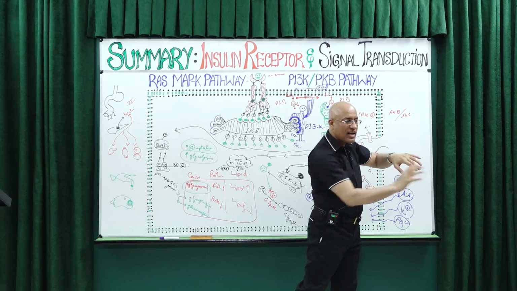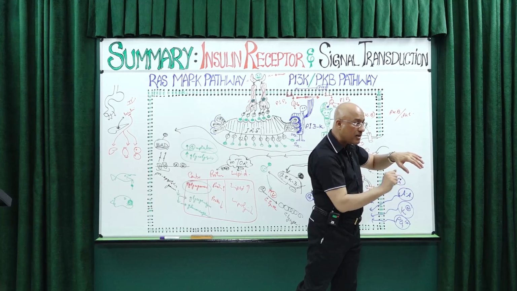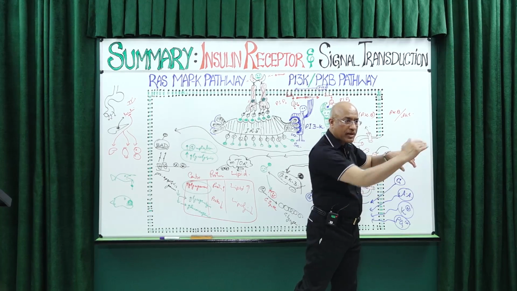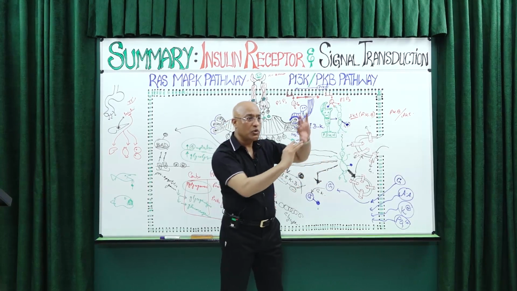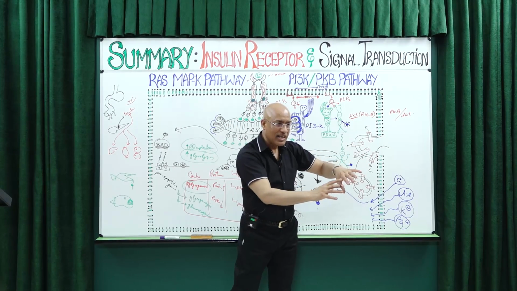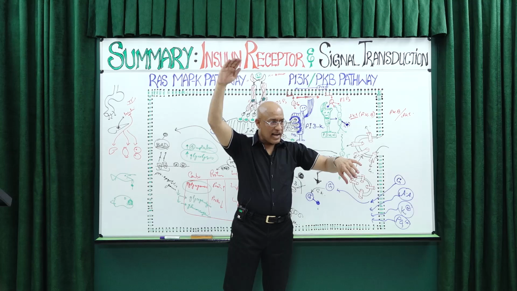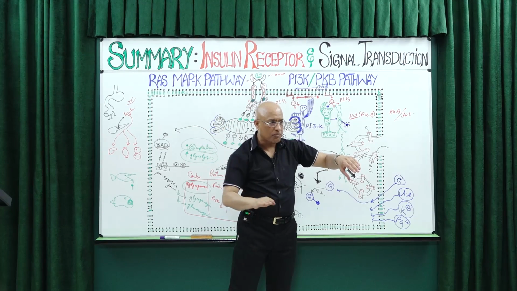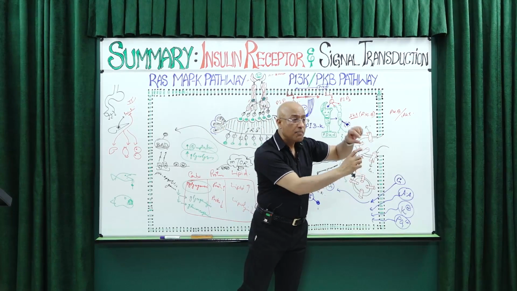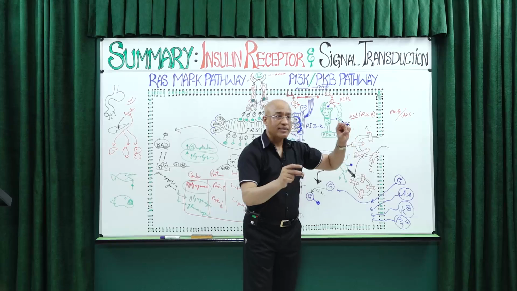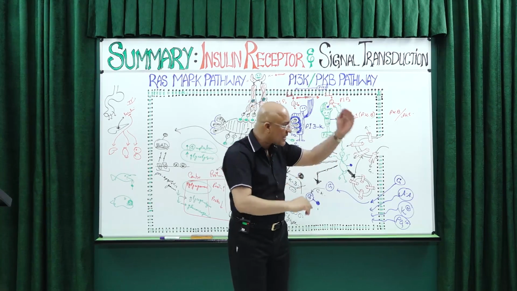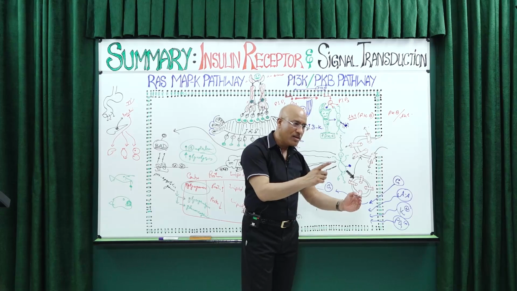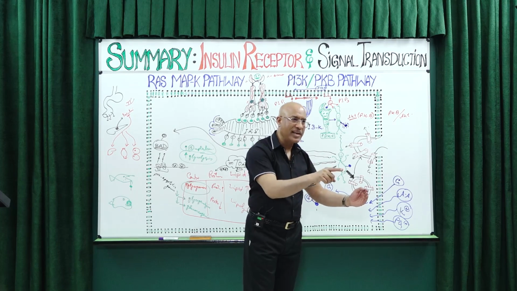In the same way, I will also alter the permeability of the membrane for amino acid uptake, phosphate uptake, and potassium uptake. So I will do membrane actions. This insulin receptor and molecular pathway changes the membrane characteristics within a few seconds to minutes.